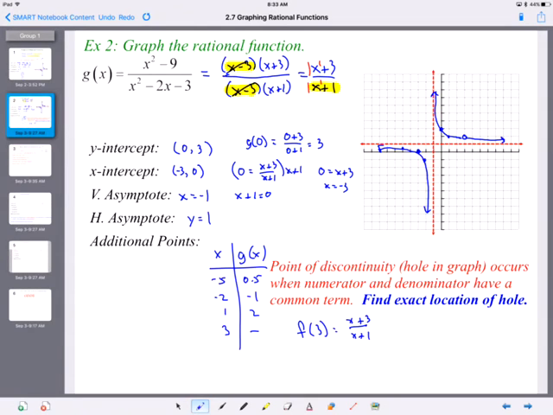Because in the simplified version it's not undefined, and so now when we plug it in, we get 3 plus 3 over 3 plus 1, and that's 6/4 or 3/2. So the point of discontinuity is going to occur at 3, 3/2.